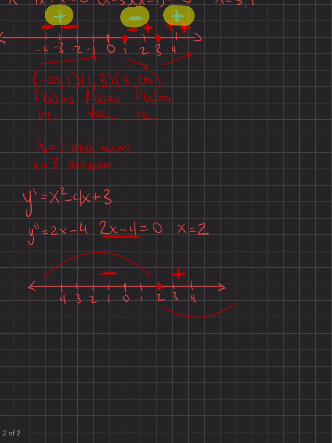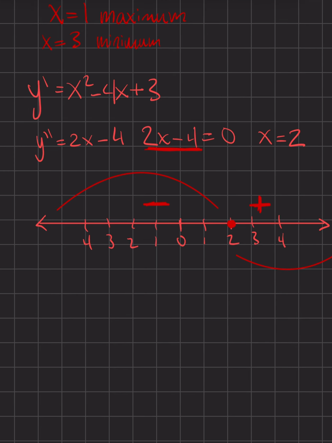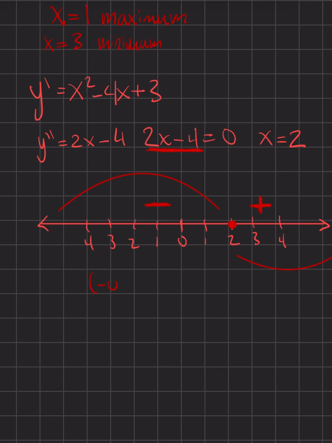So now we have all that. Let's get our interval now of where it's going to be convex and concave, right? So we have from negative infinity up till 2, and then we have from 2 till infinity, right? So now what can we say when evaluating it?